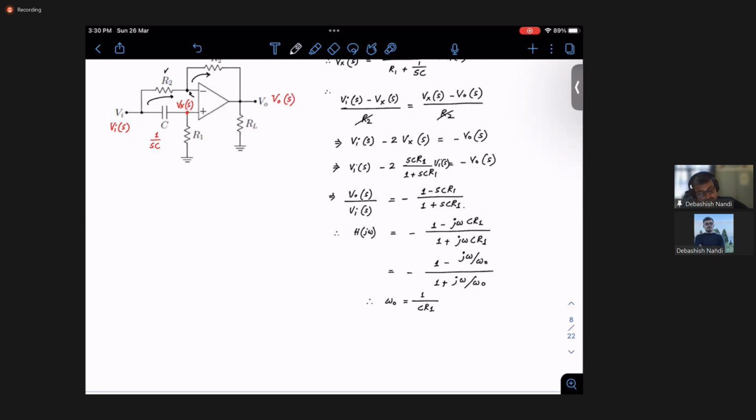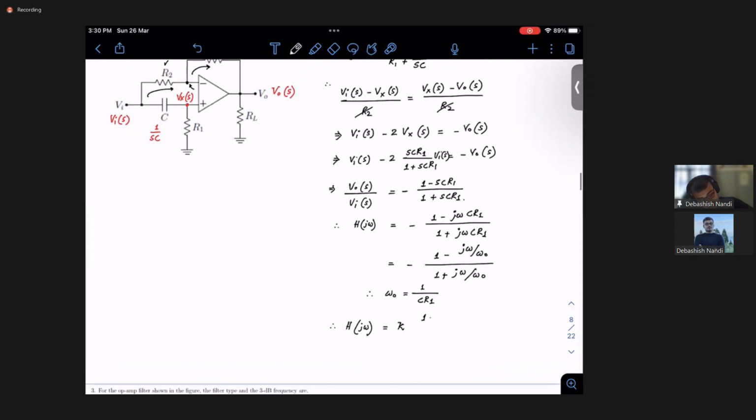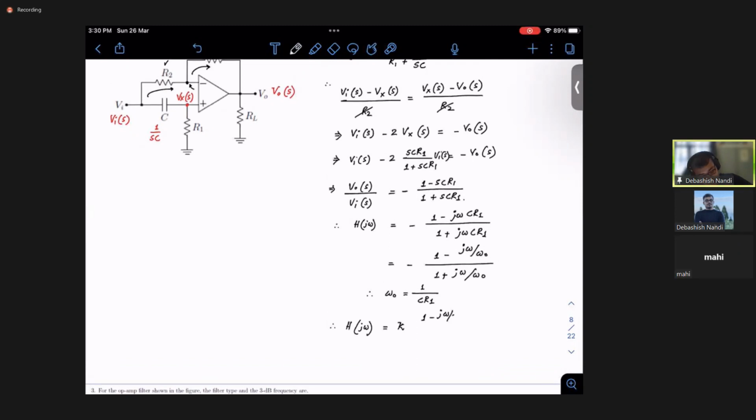So if you notice the steps carefully, you will find the nature of this transfer function to be of the form, let's say, some constant. The constant here is minus 1. It can be anything after normalization.